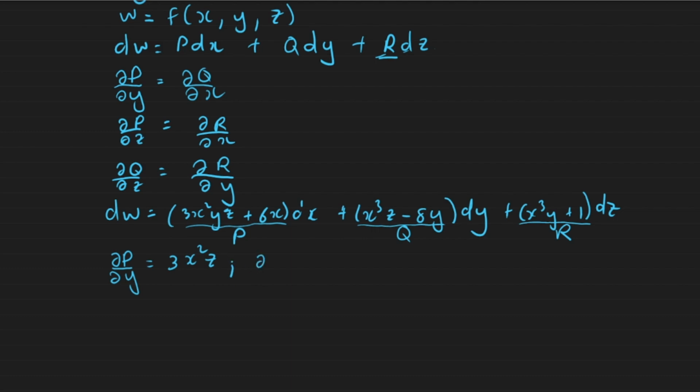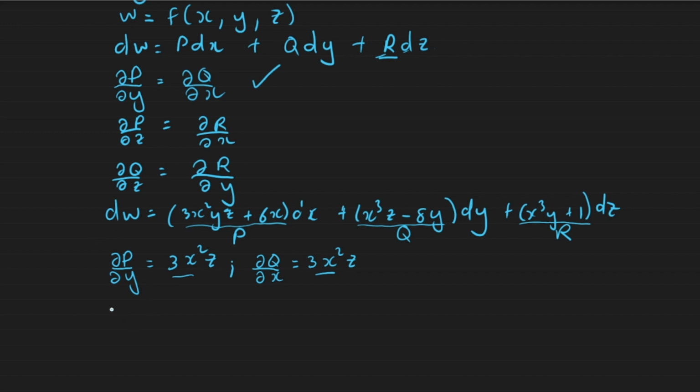Then we need to find the derivative of q with respect to x. So that would just be 3x²z, and the second term is with respect to y, so that's just 0 since it's treated as a constant. So we see that these two are equal, so our first constraint is checked.